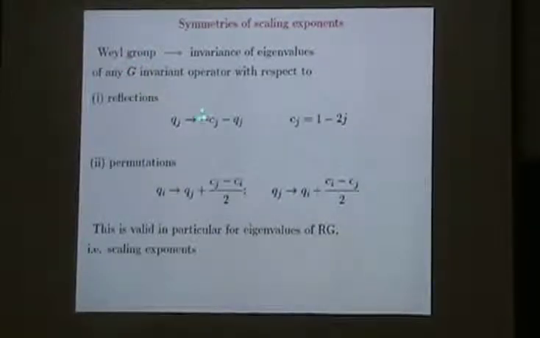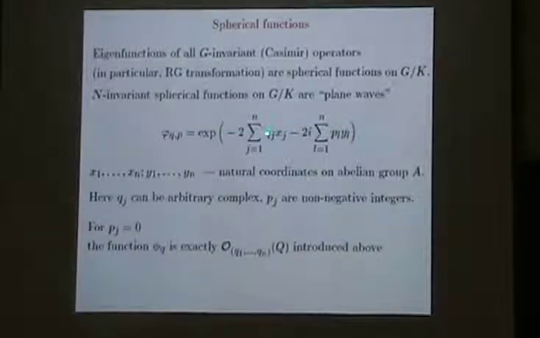And it turns out that there are symmetries which are known as the Weyl group, and the symmetries tell you that the eigenvalues of any G-invariant operator, so the spherical functions will be eigenfunctions of any operator that is invariant on the group G, like the Laplace operator or like the RG operator. The normalization group is also an invariant operator. And then there are symmetries which correspond to changing this.